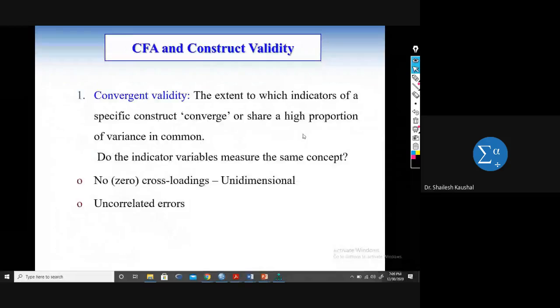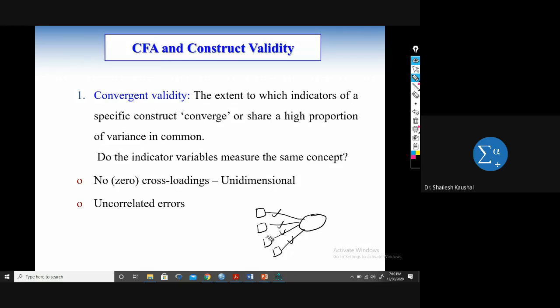Now the CFA and convergent validity. Convergent validity means the extent to which indicators of a specific construct converge; all the three or four questions we are taking in this particular construct should be highly related to each other.